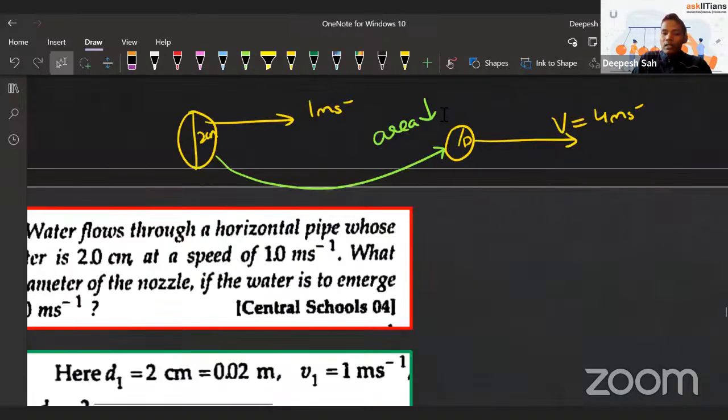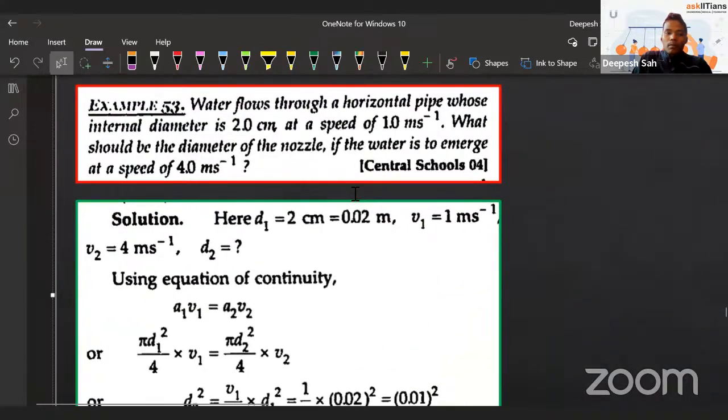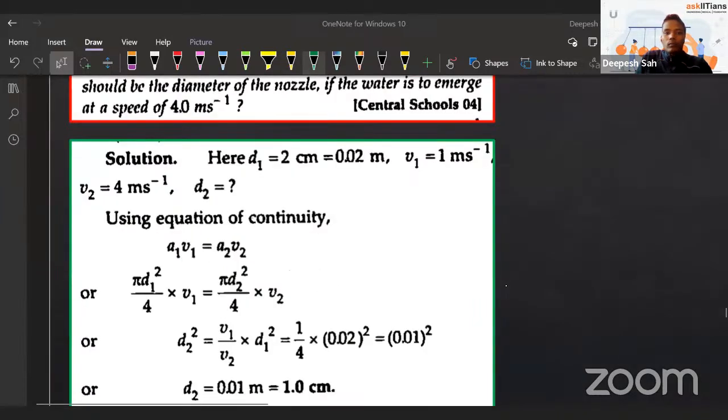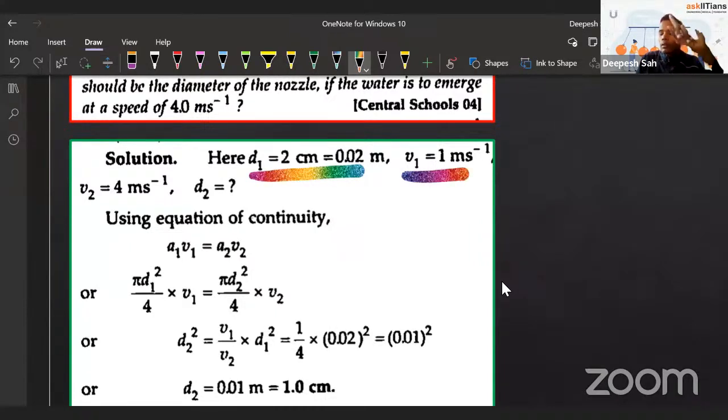What we will do in such a situation is quite simple. Take the diameter and you can easily calculate the area. Of course, the formula for area is pi d square by 4. So what things do you have? Diameter and velocity for situation 1, and velocity for situation 2, but the diameter is not given.